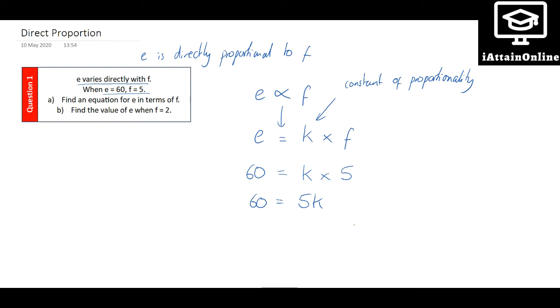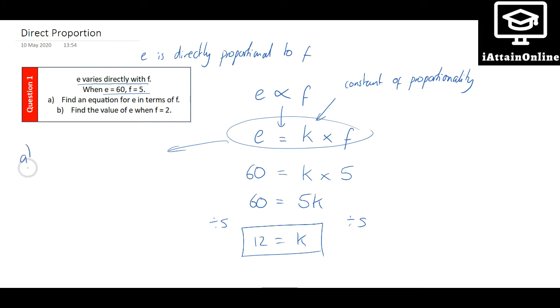So 60 divided by 5, I get 12 equals k. Remember, that is a constant, it does not change. So using that, we can give our answer to part A: the equation linking E and F is E equals 12F, where that 12 is just a constant of proportionality.